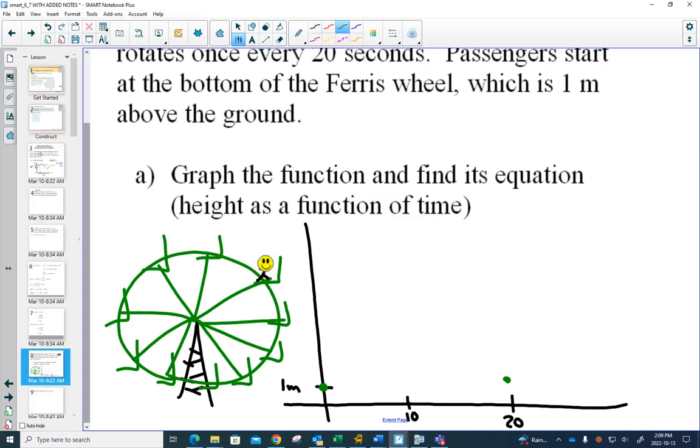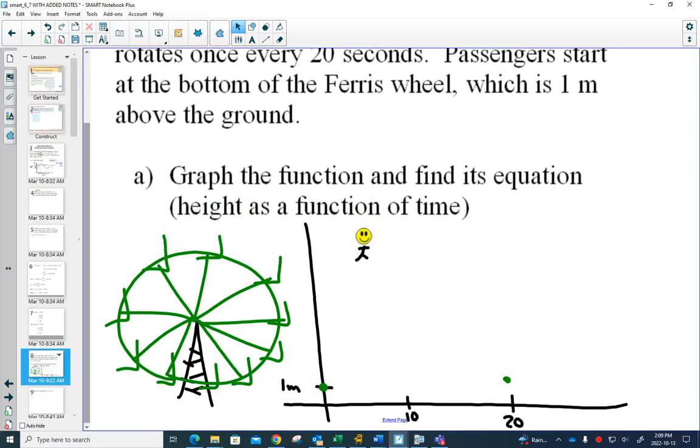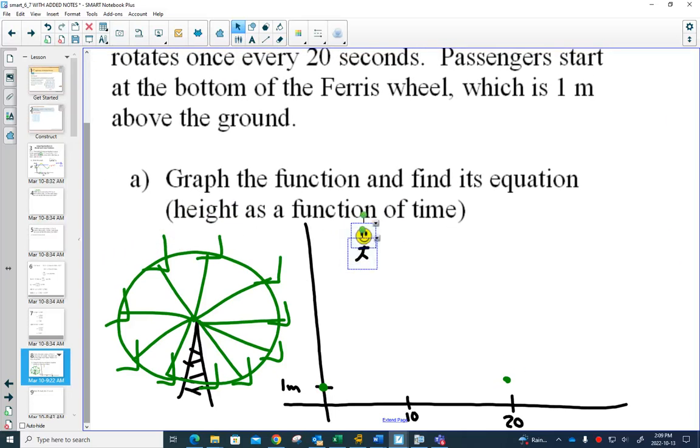So you're starting, here you are, at 0 seconds. 20 seconds, you would have gone around and got back to where you started. Where would you be at 10 seconds? Right up there at the top. And so at 10 seconds, you're at the top.